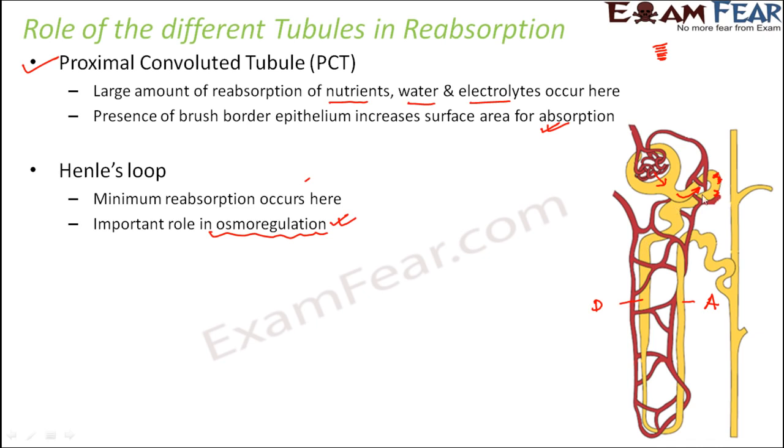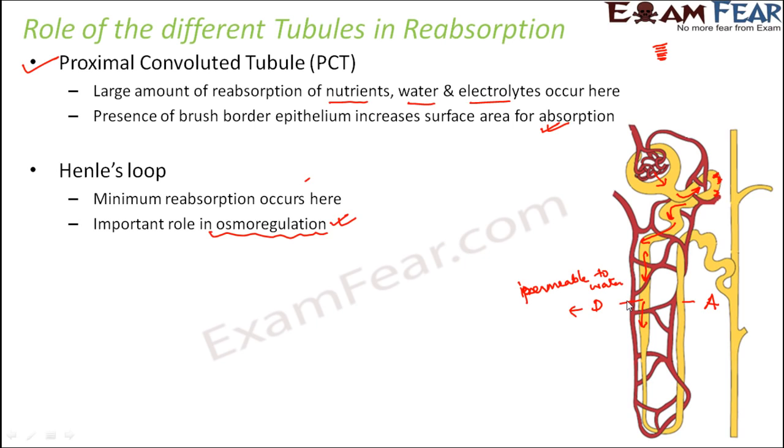As the filtrate comes down the PCT, it moves into the descending limb of Henle's loop. This descending limb is permeable to water. So it allows water to pass across, but it doesn't allow electrolytes to pass across it. As the filtrate moves down the descending loop, water tends to move from the filtrate to the outside.